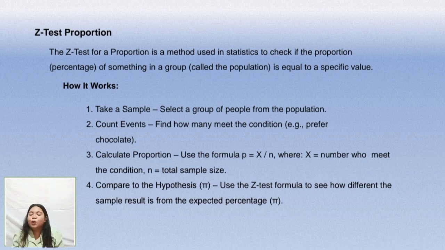To check this, first you take a sample from a population. Second, you count how many people in the sample meet the condition you're interested in.